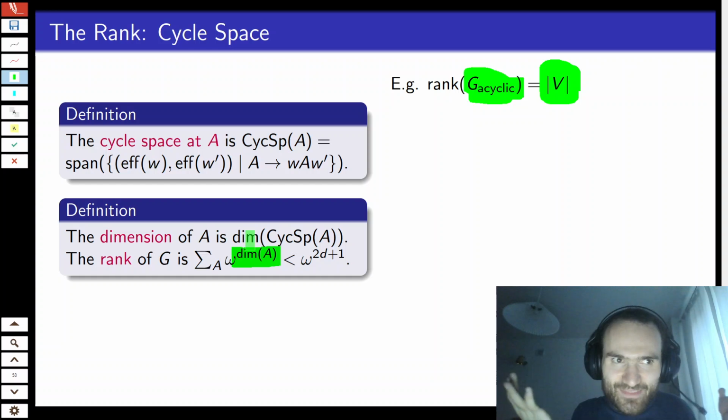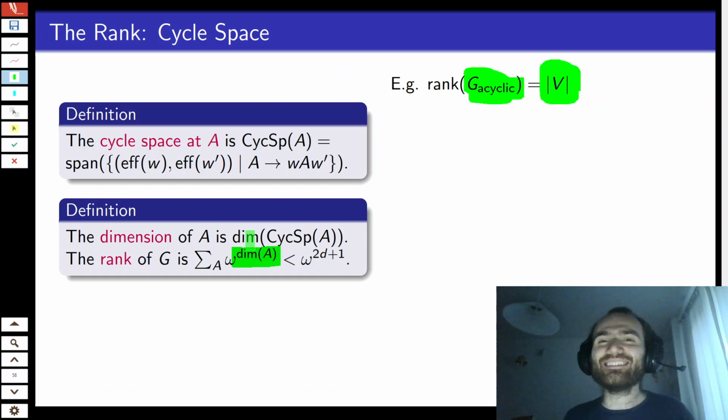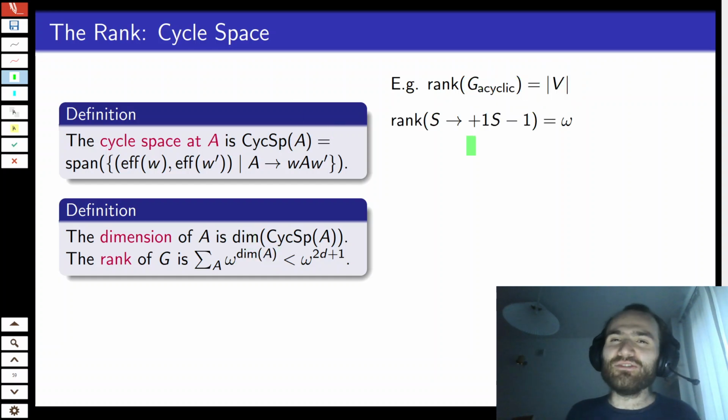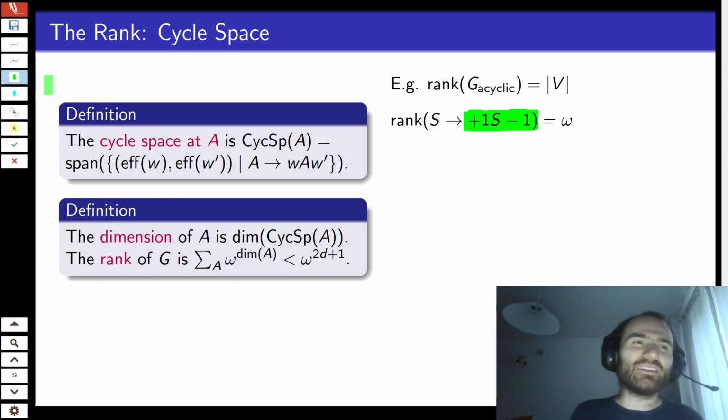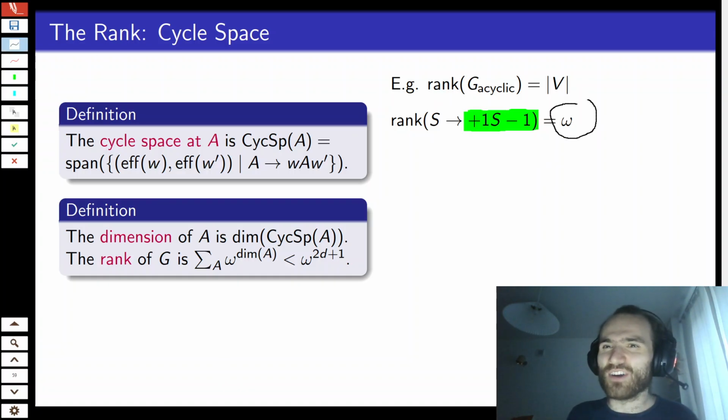If you have a non-terminal with 1 cycle like this, then this has dimension 1, and so its rank is omega. And now you might ask, why do I add this example? Because I want to explicitly say we consider pairs.